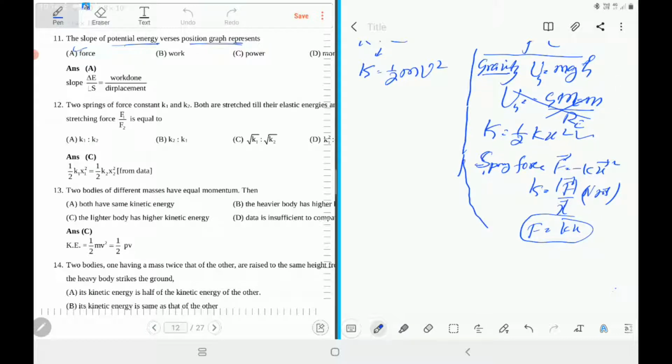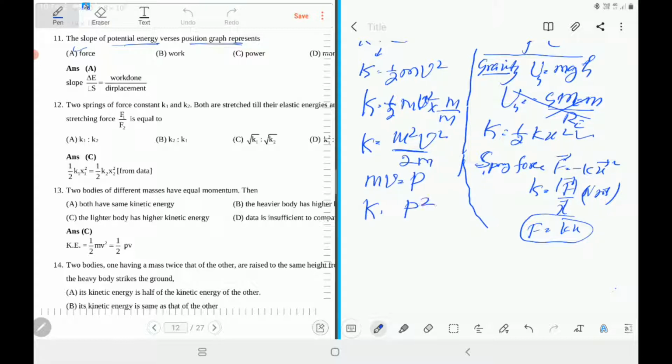And in kinetic energy, if you multiply and divide by mass, you get different forms. K equals half m v squared, multiplied and divided by m, so you can write K equals m squared v squared upon 2m. What is m squared v squared? M into v is momentum p, mass into velocity, you learnt in laws of motion chapter.